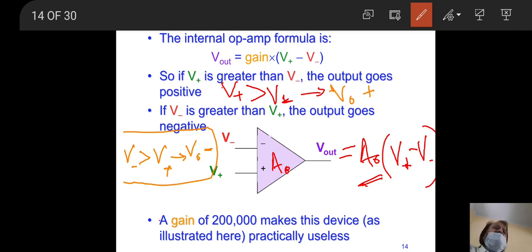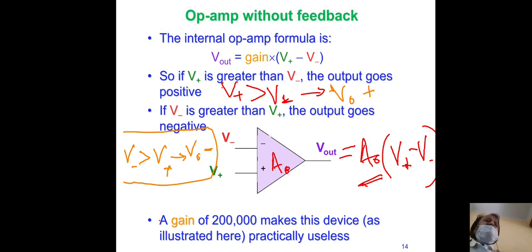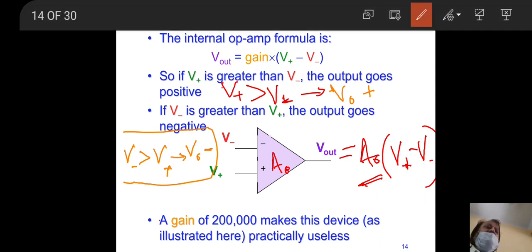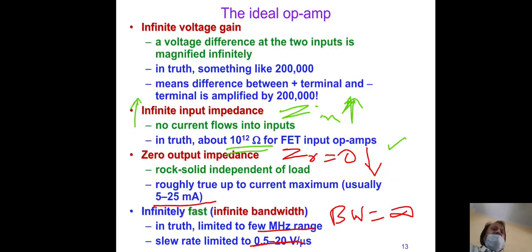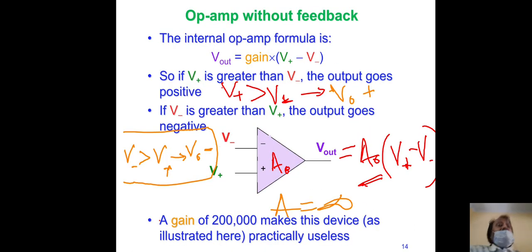When there is no feedback, the amplifier is used without feedback, so the output gain is very high, effectively infinite. So it's not used for any applications. You have to use it with feedback, which is very important to make your required gain.